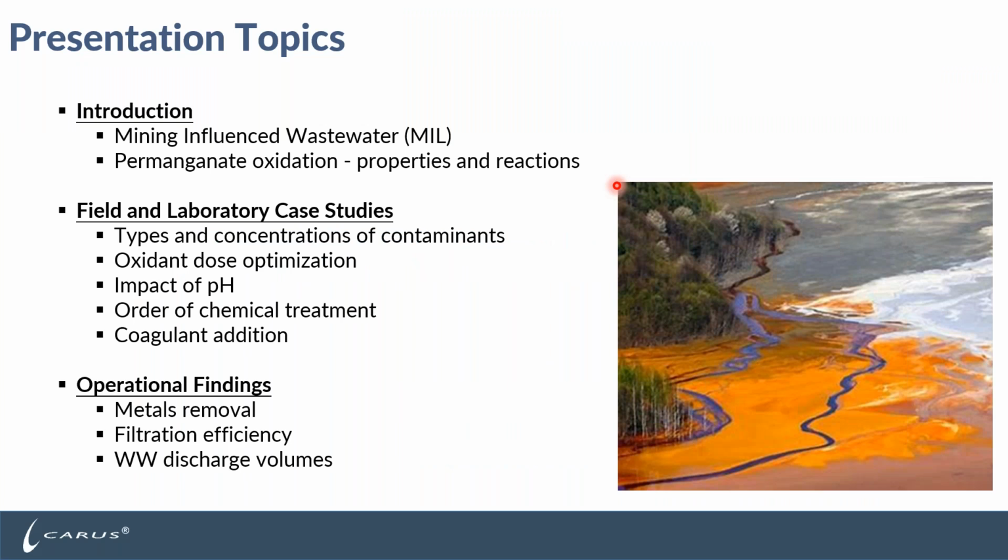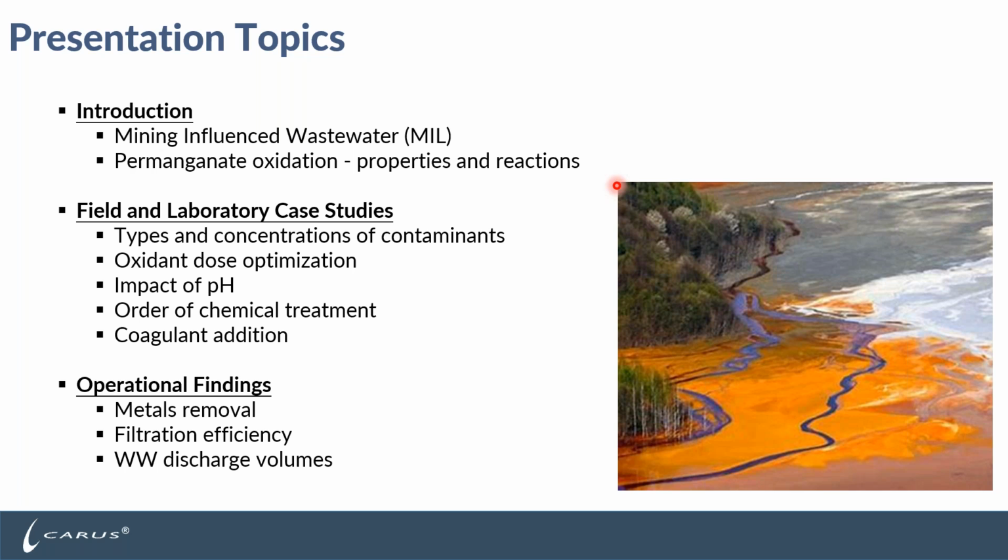So let's get going. These are today's main talking points. First, a little brief background about mining-influenced wastewater. Secondly, the types and the properties and reactions of permanganate that can assist in treating these types of waters. We'll then look at both field and laboratory data from several industry case studies and the key testing and results designed to address specific wastewater treatment goals.